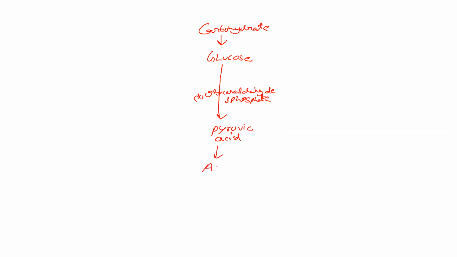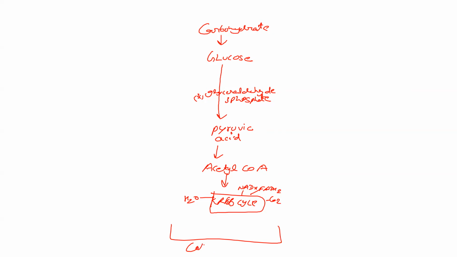Then pyruvic acid converts into acetyl coenzyme A, then it enters the Krebs cycle. And here water is released, CO2 is released, and energy carriers NADH and FADH2 are also released. This is a catabolic process.